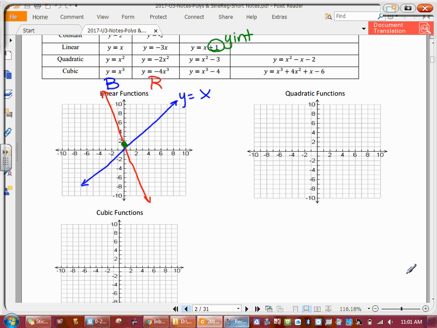Whatever's in front of x, this one's got a hidden 1, and we put it over 1 always. The bottom number always moves right. So you're going to go 1 right, 1 up, make a dot. 1 right, 1 up, make a dot.